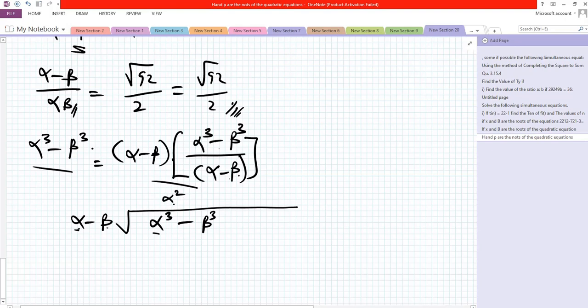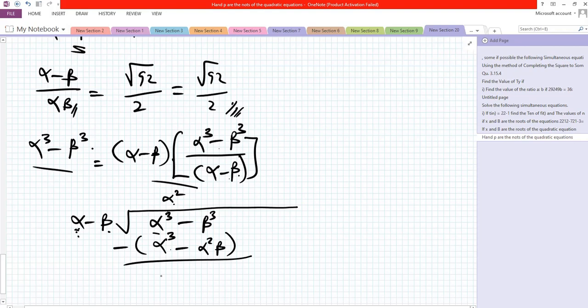Alpha square times alpha will give you alpha cube. Alpha square times minus beta will give you minus alpha square beta. If you subtract the whole of those, this one will cancel out.